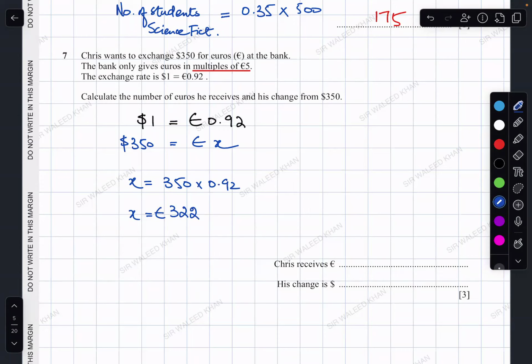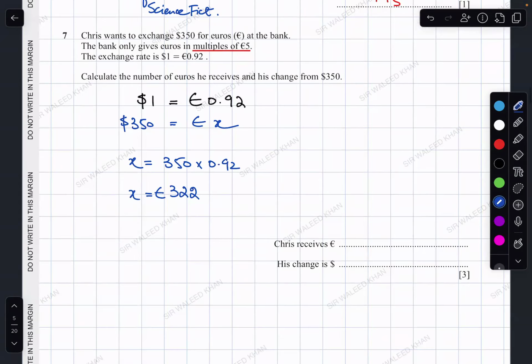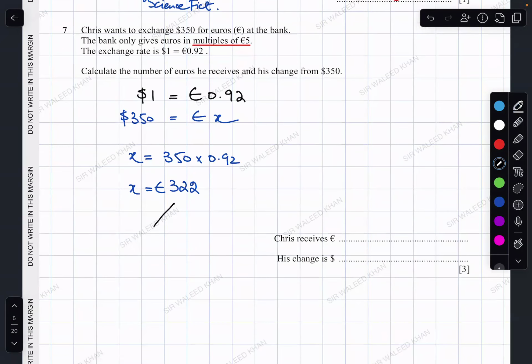322. Now, the bank is giving how much? The bank is giving in multiples of 5. So, what should be the nearest multiple of 5 to 322? 320. Right? So, in euros, the nearest multiple is 320 euros.